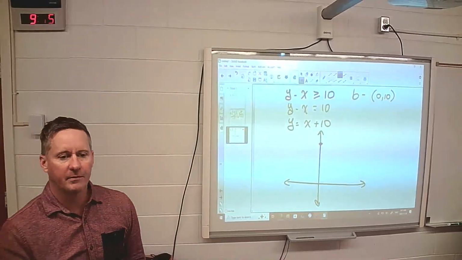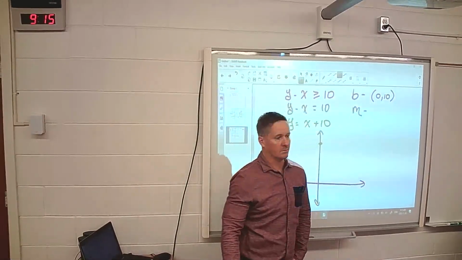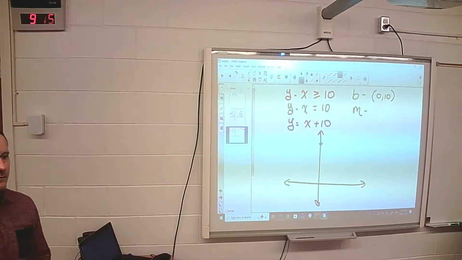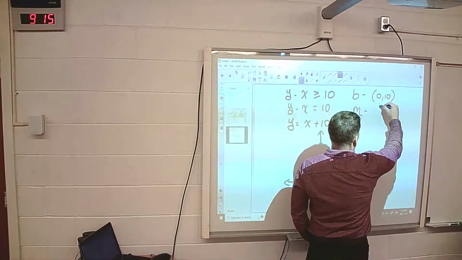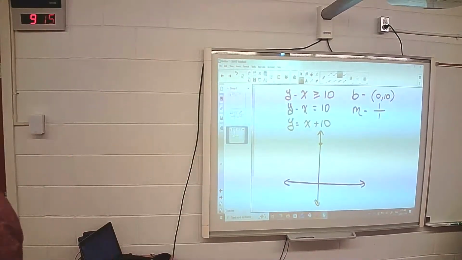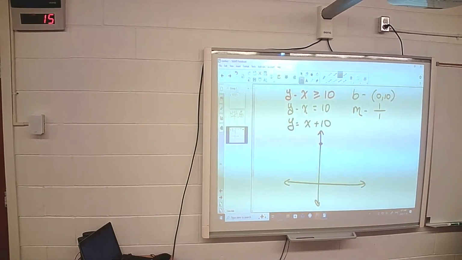What is my slope of this line? M, right? Nope. Well, yeah, it is, yes. Correct. So 1. Yep. Very good. 1 over 1. That's the value, that's the coefficient that is in front of the x. So 1 over 1.